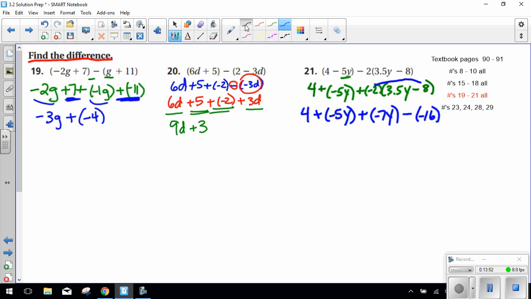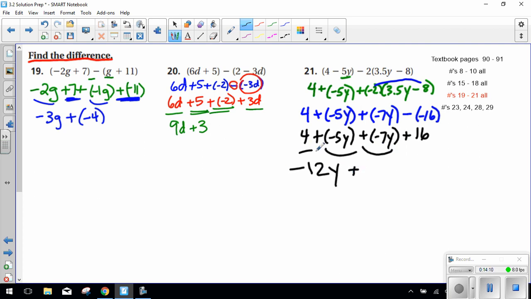Now we're going to rewrite that minus sign. So we get 4 plus negative 5y plus negative 7y plus 16. I'm going to take negative 5 and add negative 7 to get negative 12y plus 4 plus 16 is 20.